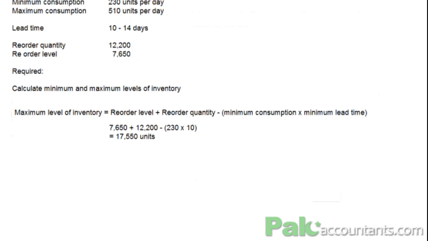Moving on to minimum inventory level. It is reorder level minus average consumption multiplied by average lead time. Okay, again, we have been provided with the average consumption in the question, but we have not been told what your average lead time is.